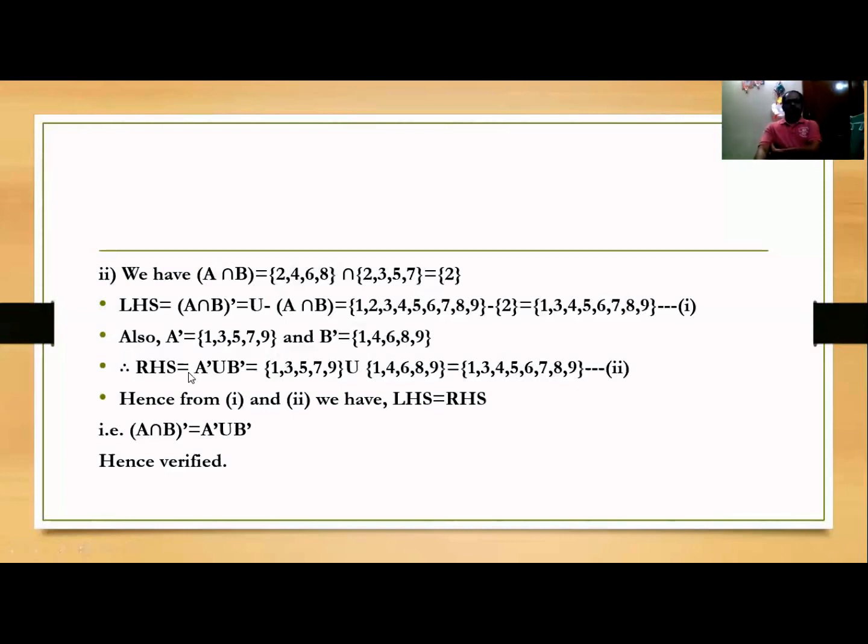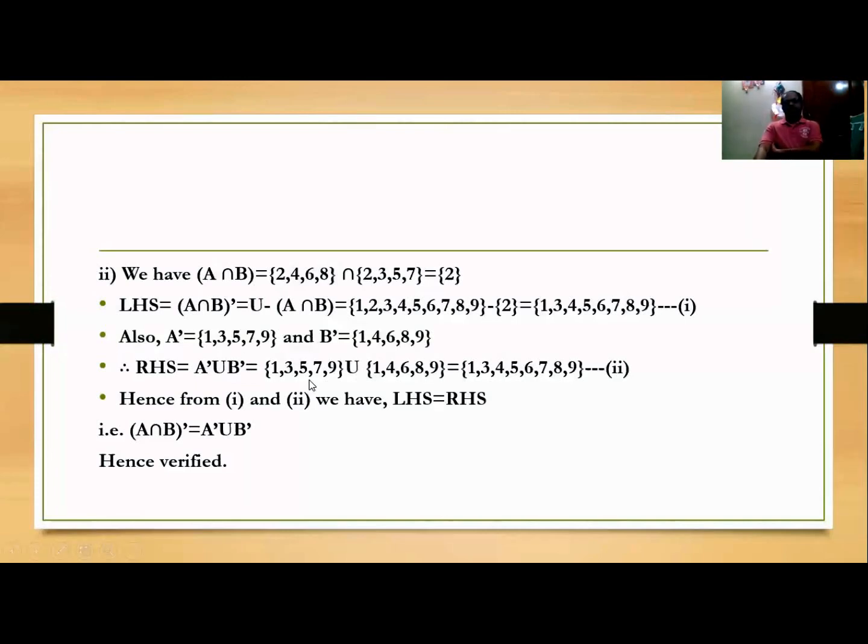Okay, so now we need to find its union. So the union of these two sets, that is A dash and B dash, will be... just to remind you, union is a set of elements which are present either in the first or in the second set, whereas intersection was the set of only common elements. So here we need to write all the elements present in the first as well as in the second set.